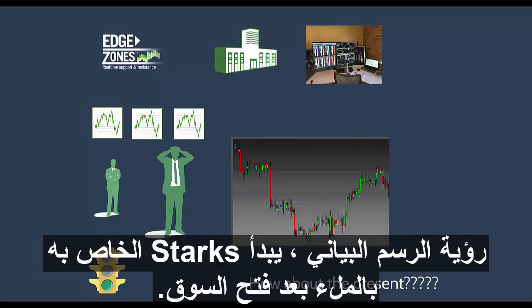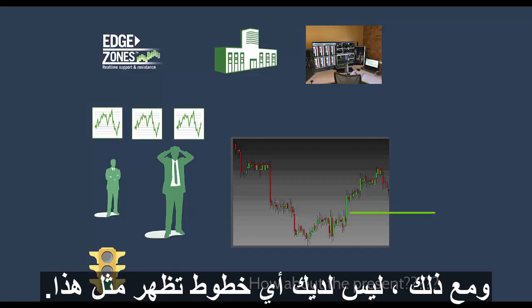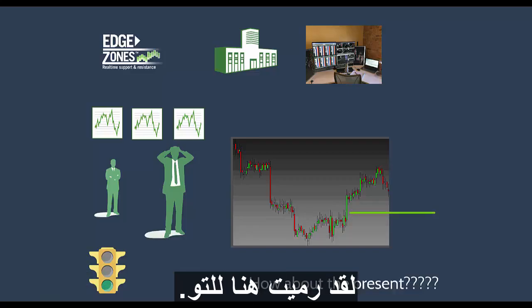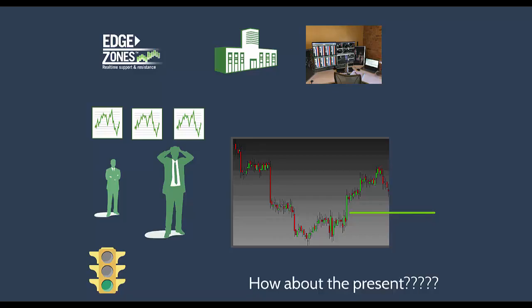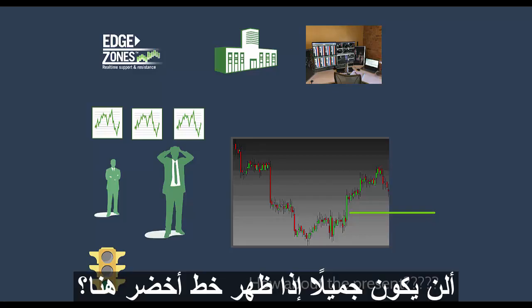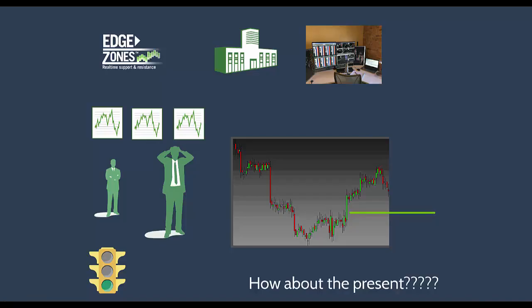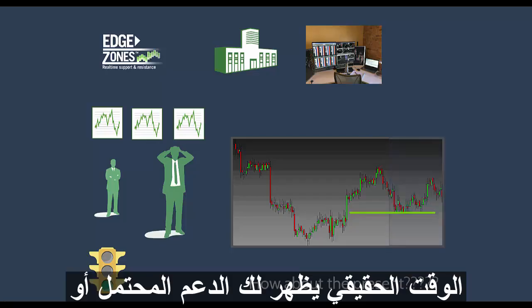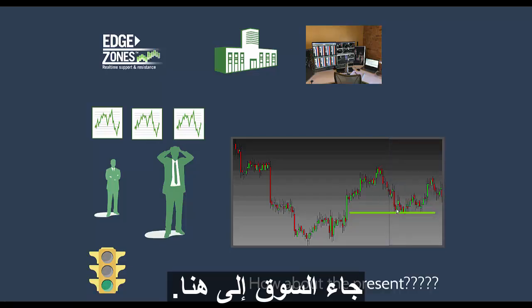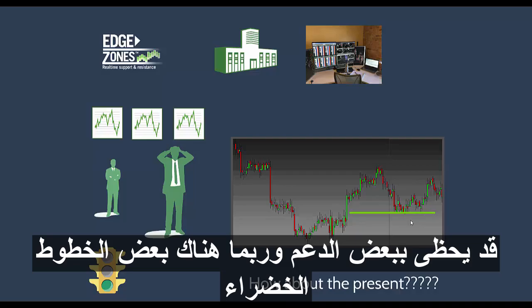When you see a chart, it starts to fill out after the market opens, and yet you don't have any lines appearing, like this one I just threw on here. Red lines, green lines. Wouldn't it be nice if a green line appeared in here real time, showing you potential support? So when the market came down into here, it might have some support.